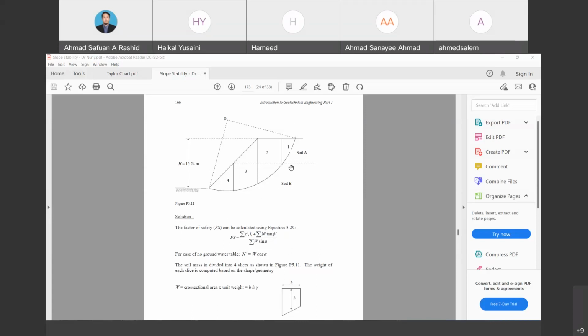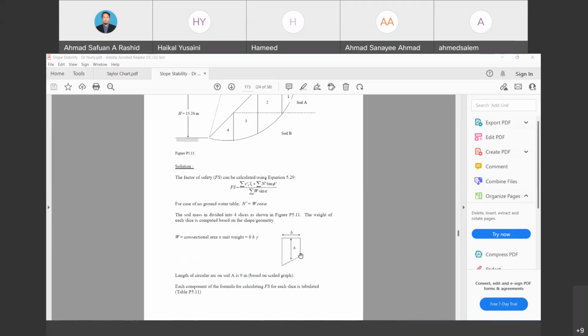Because we want to determine the width and also the height of the soil in order to obtain W. It is the average width, not the total width, because we just use B, the width, times the center line, which is H. The length of the circular arc A is 9, based on the scale graph.